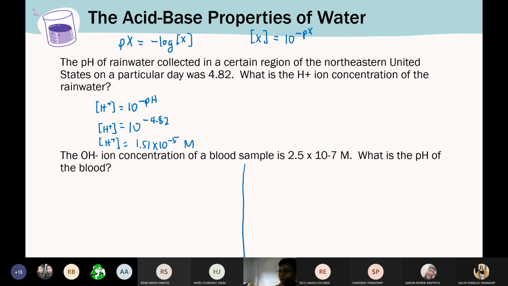And then, okay, sige, sulat natin. Sabi ni Renz, yung OH ko, pwede ko gawing pOH. And then, from the pOH, I can get the pH ko. Pwede yan.